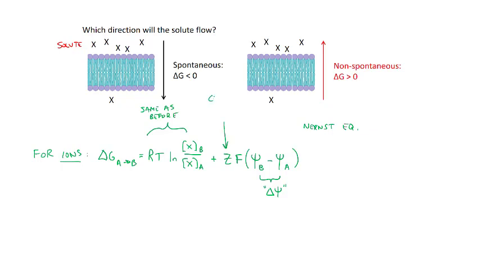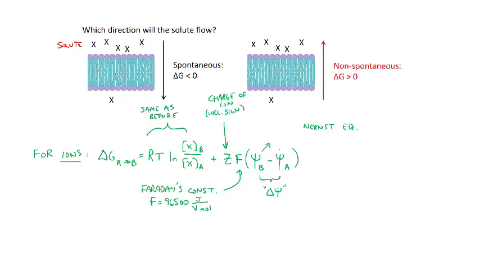Z is the charge of the ion, including the sign. So for sodium, this Z would be +1. F is a constant that's called the Faraday constant, and it's equal to 96,500 joules per volt per mole, which is an awkward unit, I know.